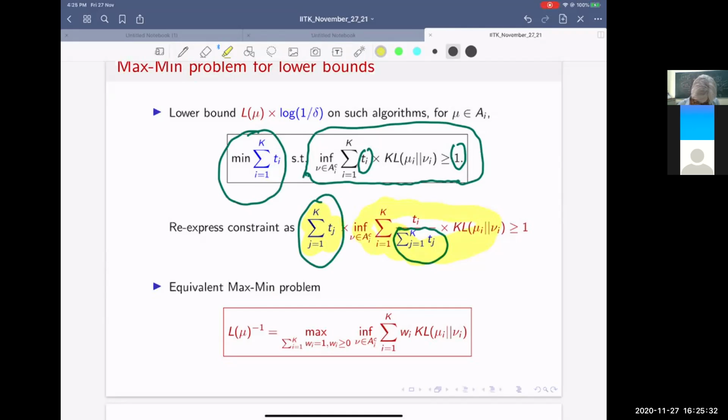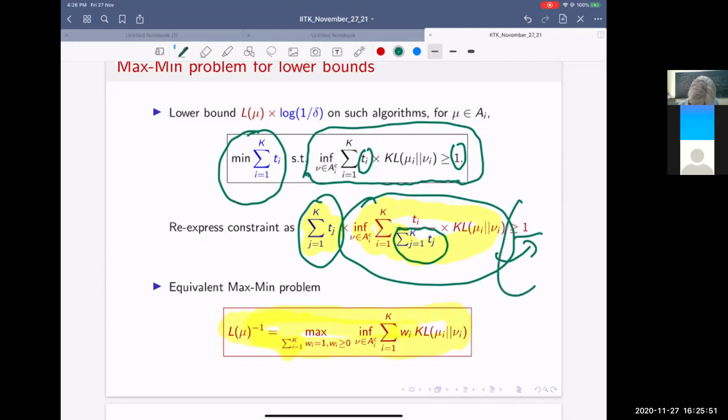So my problem of finding a lower bound on the expected effort becomes this maximum problem. This guy goes in the denominator, I want to minimize the whole thing, which is the same as maximizing the denominator, and 1 upon the solution gives me a lower bound on my expected effort.